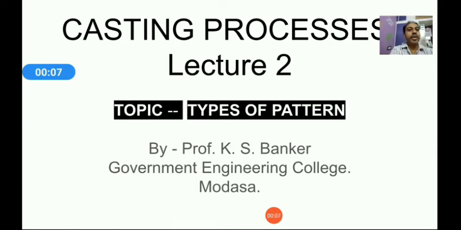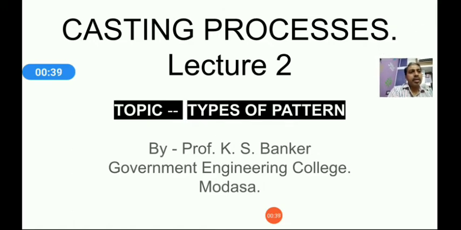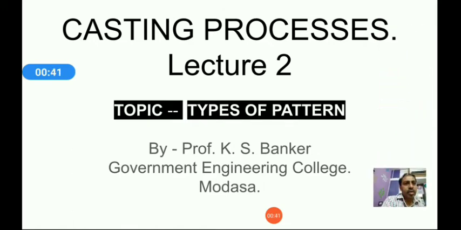We have completed our first lecture on casting processes, in which we saw terms like cope, drag, flask, molten metal, pouring basin, runner, riser, gate, etc. Now the second lecture in casting processes, lecture number 2.